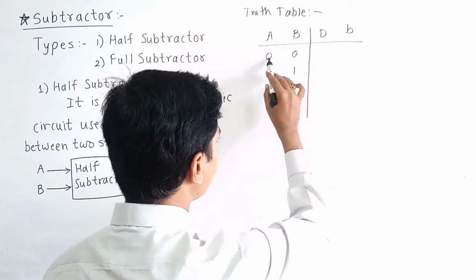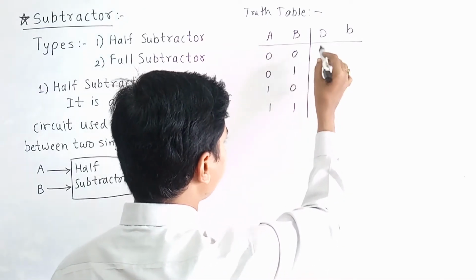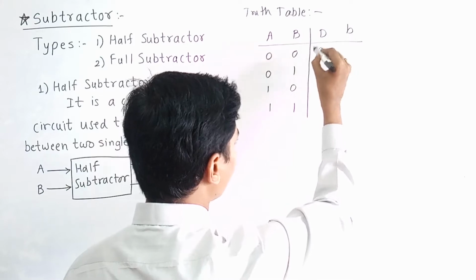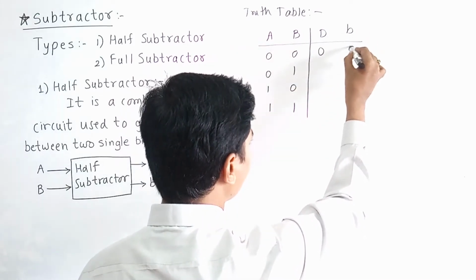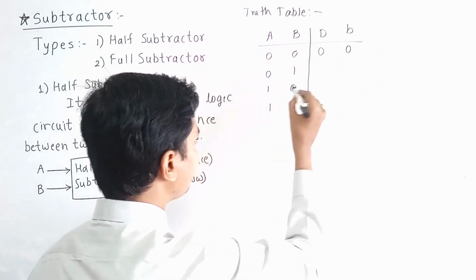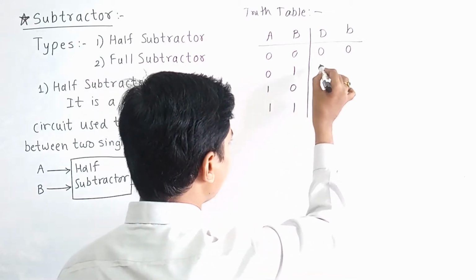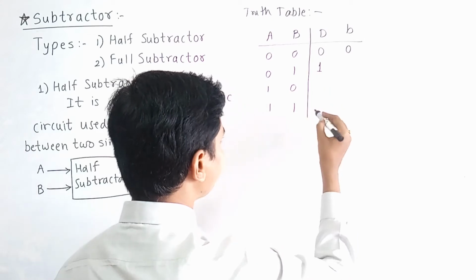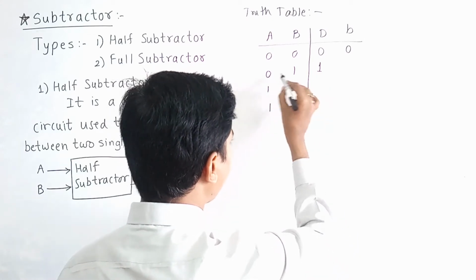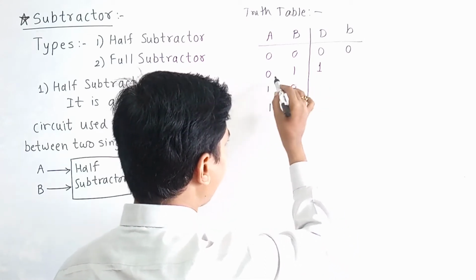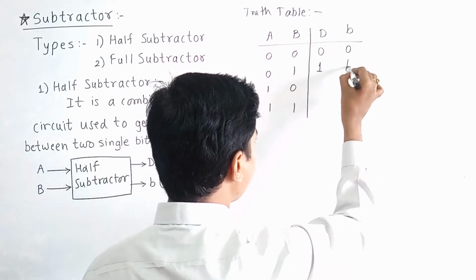So first 0 minus 0, the difference will be 0. Okay, and the borrow will not be generated, so borrow will be 0. Next is 0 minus 1, so the difference between these two is 1, right? And 0 minus 1, the result is negative, and hence the borrow will be generated here.